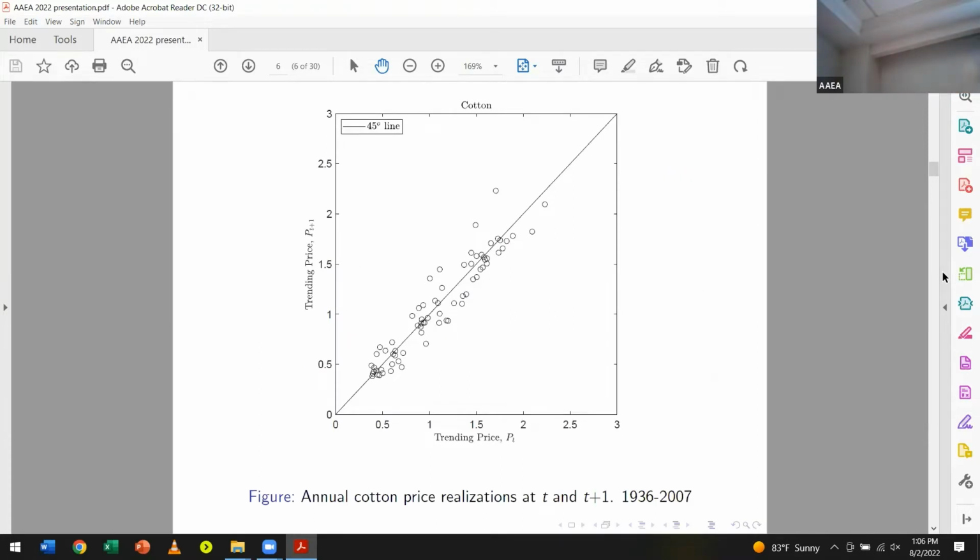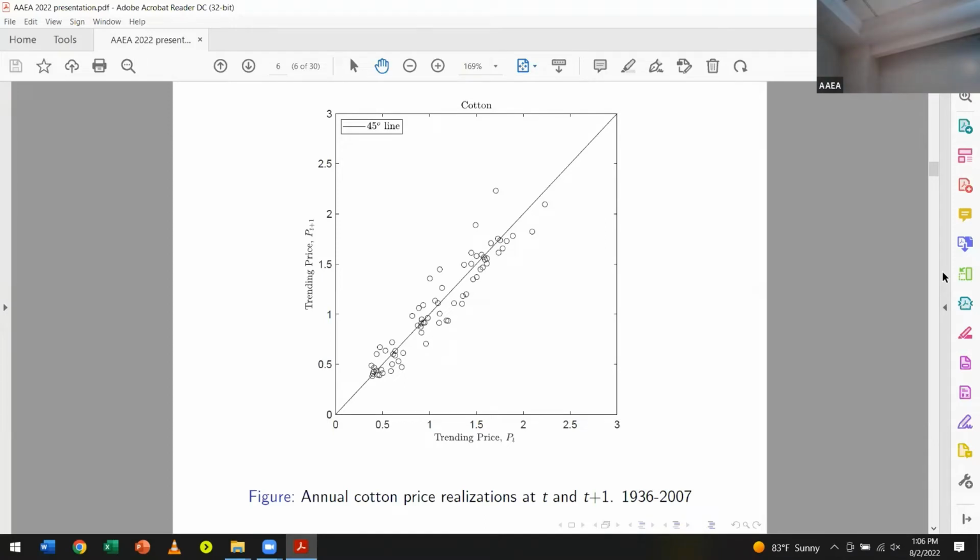On the horizontal axis is the price of cotton in period t. These are yearly annual prices. The vertical axis is the price of cotton in time t+1. So this is just the autoregression, the data. And you can see this is the 45-degree line.